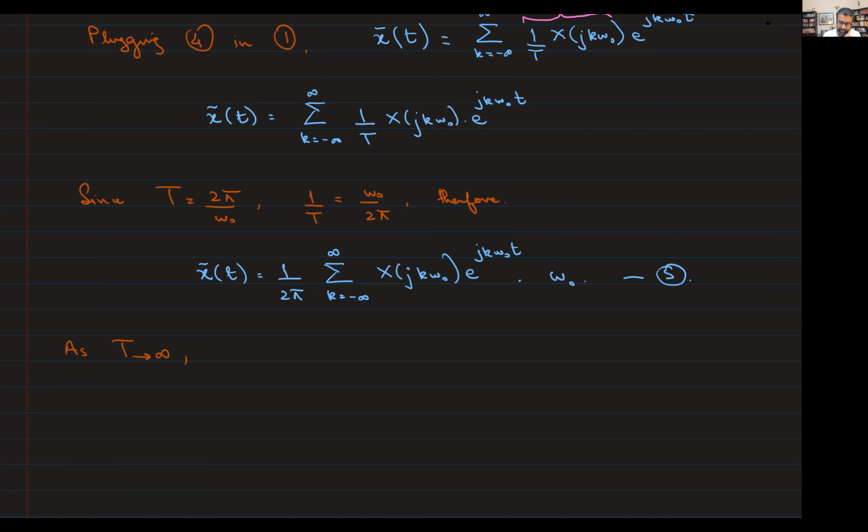Excellent. So omega naught goes to 0. Maz and Asad say that x of t goes to 0. Take a moment to see whether that would be really true or not.